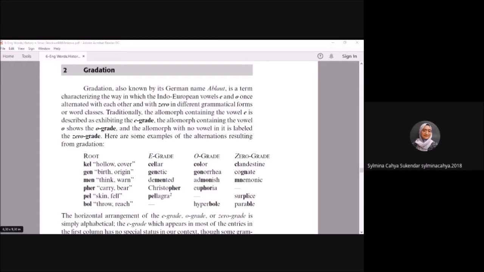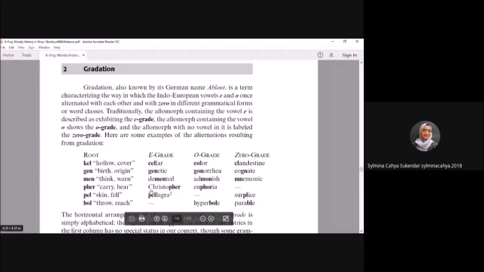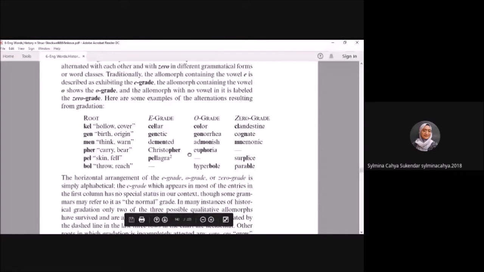Then the words are grouped into several classes based on how the vowels are read: those with vowel O, E, A, and those where we don't read the vowel. For example, from the root gen, we can create the words genetic, gonorrhea, and cognate, and they are grouped based on how we pronounce the vowel, something like that.